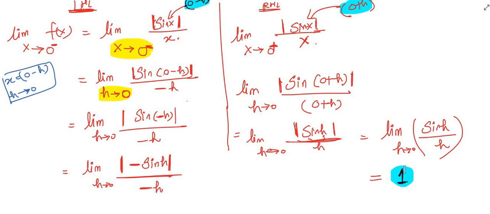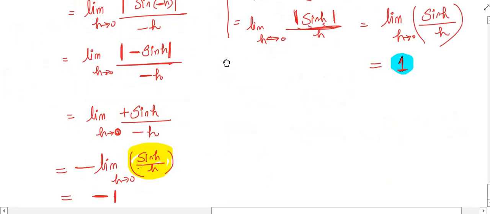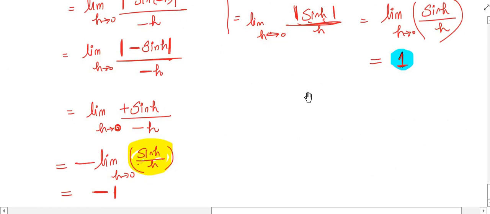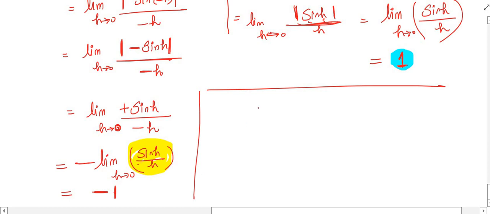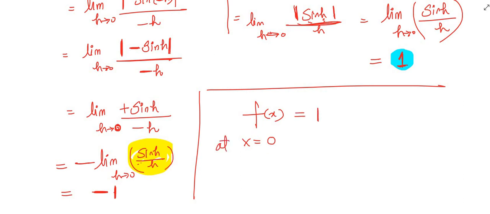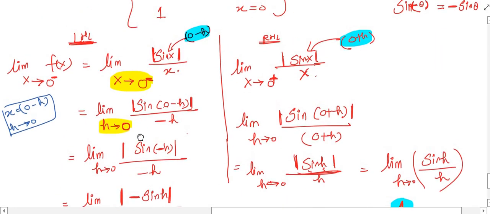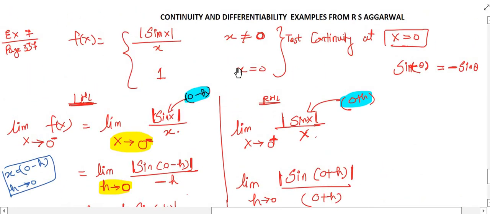Fine. This is RHL. So LHL was minus 1, RHL is 1. Now what is the function value? F of x at x is equal to 0. Look at the question. This is already given as 1. If you look at the question, this is the function value. F of x at 0, the function value is already 1.